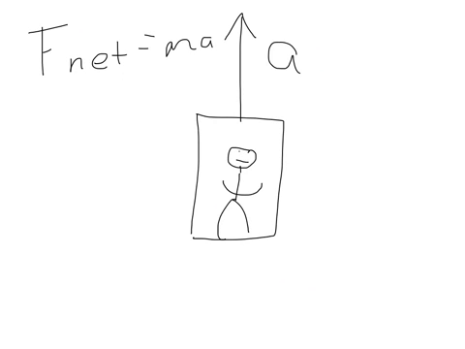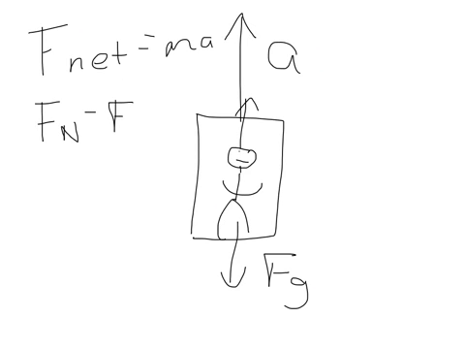Now a is some positive number, so I could say F net, which is, by the way, the normal force, is pointed upward. Gravity is pointed downward. Those two forces still exist on this person. But F net is the difference between them. And that difference is going to equal ma.